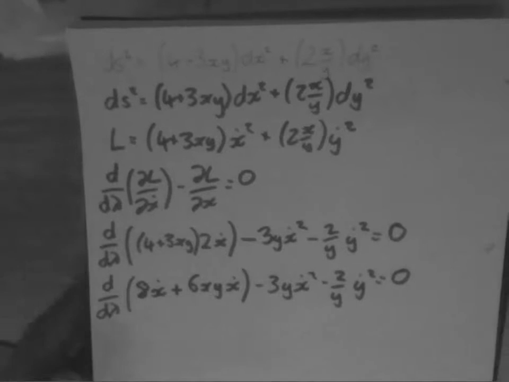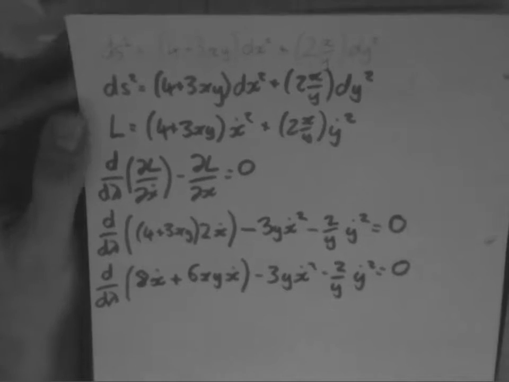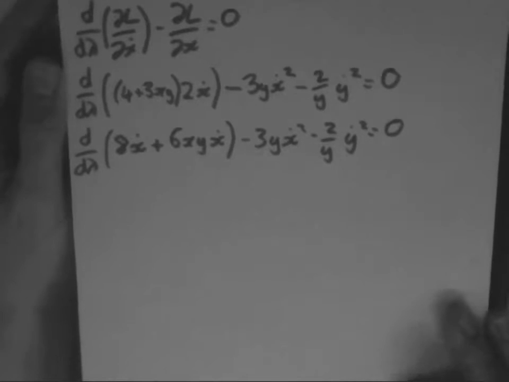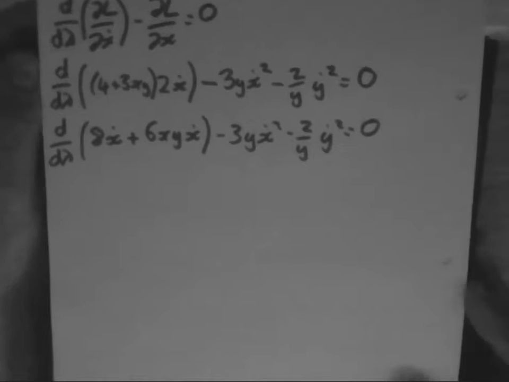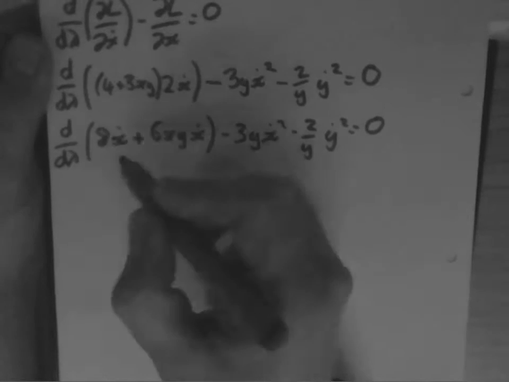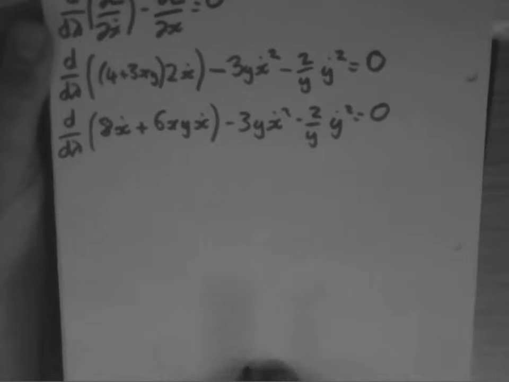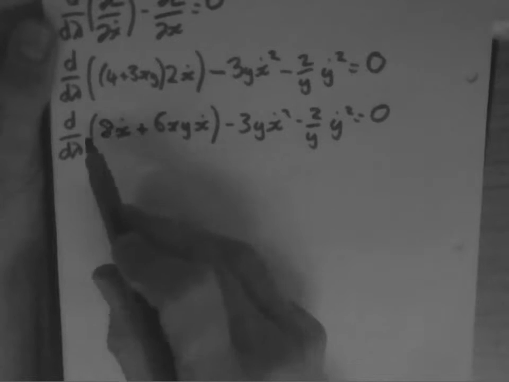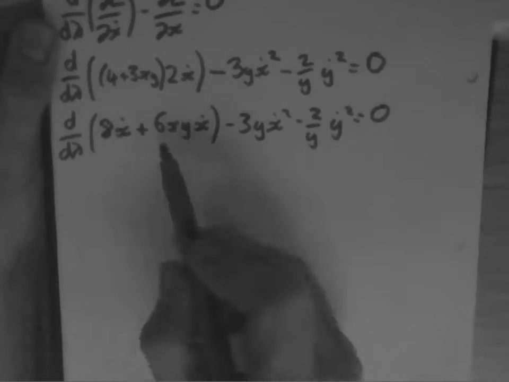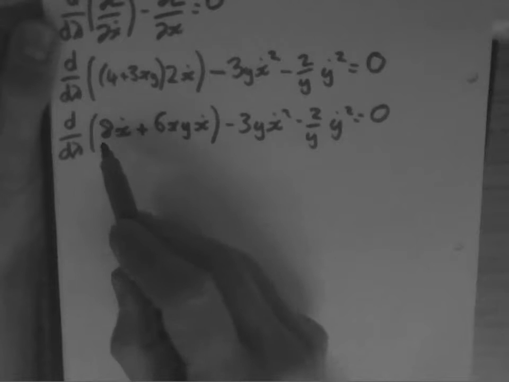Okay, good. Now let me slide the page up a little bit. What I need to do now is the full derivative with respect to lambda, our affine parameter, often equal to the proper time. So I need to differentiate all of this with respect to lambda.